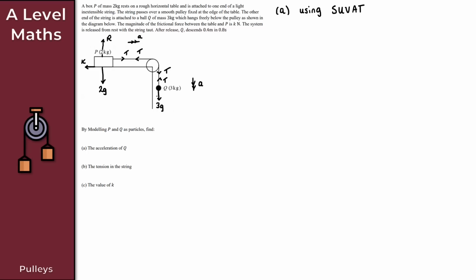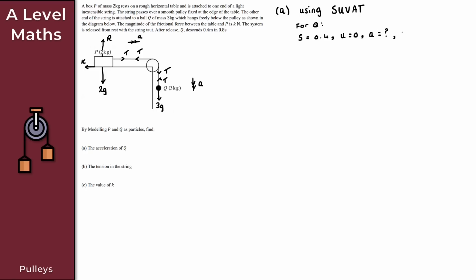This is for the particle Q. What we know is that S, the displacement, is equal to 0.4. That's our displacement. U, the initial velocity, is 0 because both of these particles start at rest. We don't know what A is. That's what we want to find, so we'll put a question mark there because that's what we're looking to solve for.